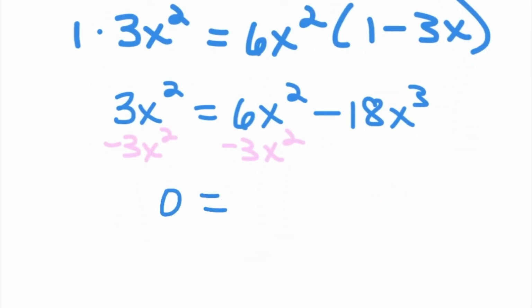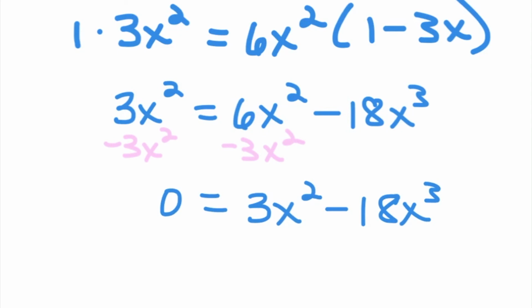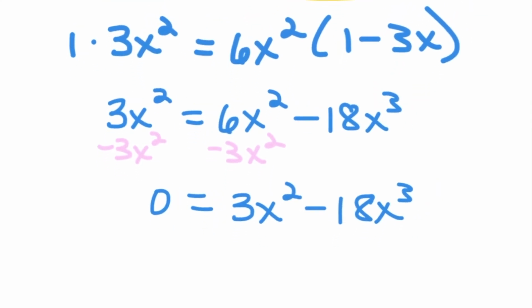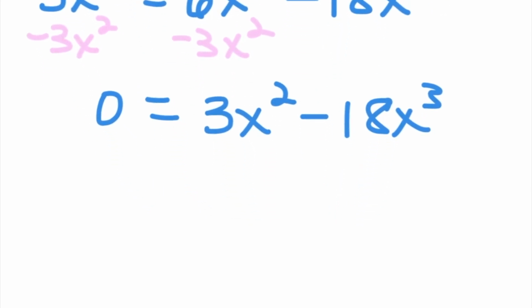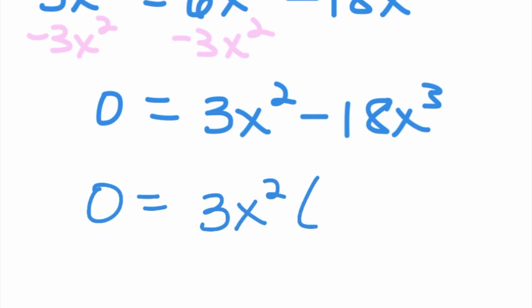And so now I have 0 equals 3x squared minus 18x to the third. The next thing that you want to do here is see if you have a GCF, which you do. Your GCF is 3x squared. And so that's going to be 1 minus 6x.